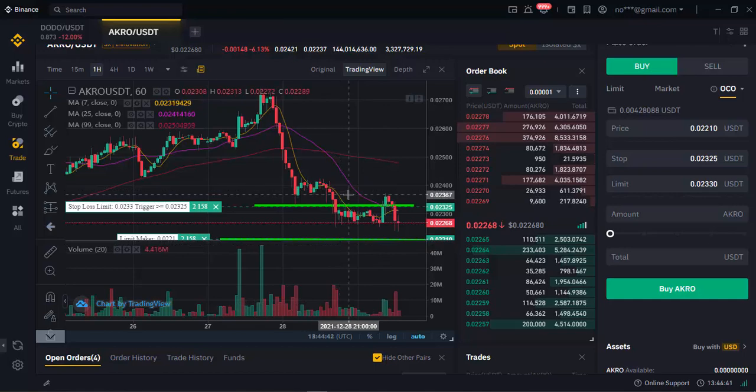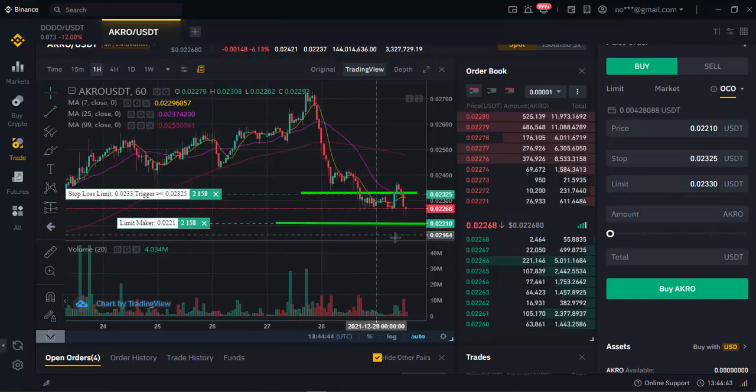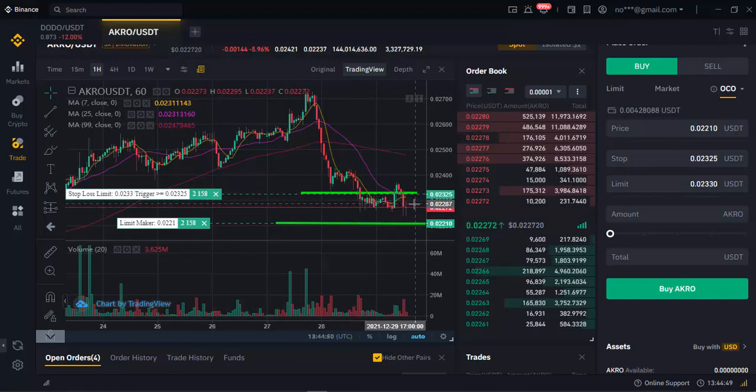So if we reduce this, we can be able to see it very clearly. Our one trade is here and another trade is here. So we wait for it. It's either it comes here and executes, or it goes up and executes. Then we place another sell order, sell it at a higher price somewhere here.